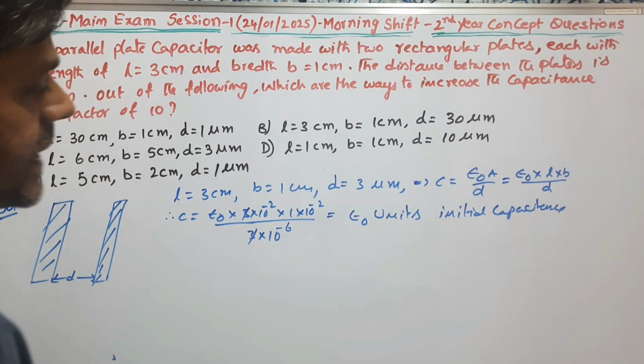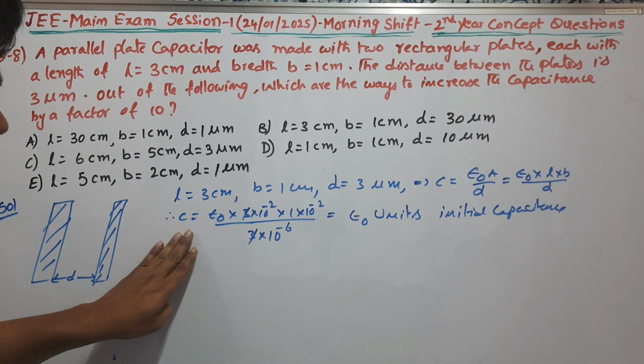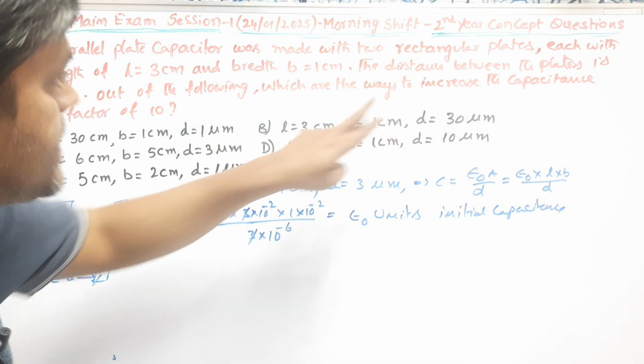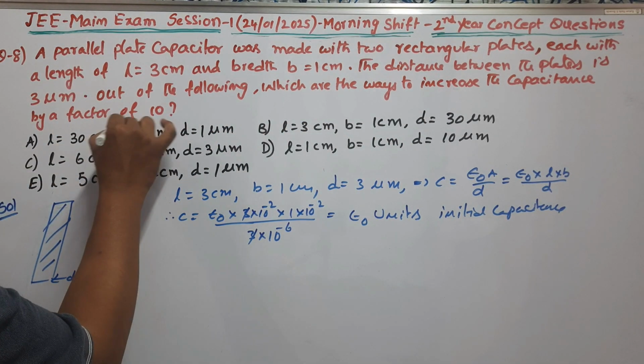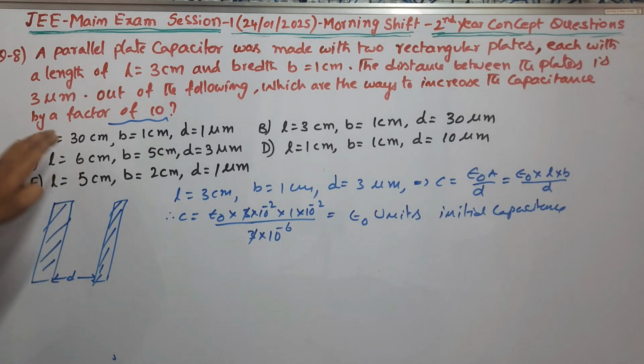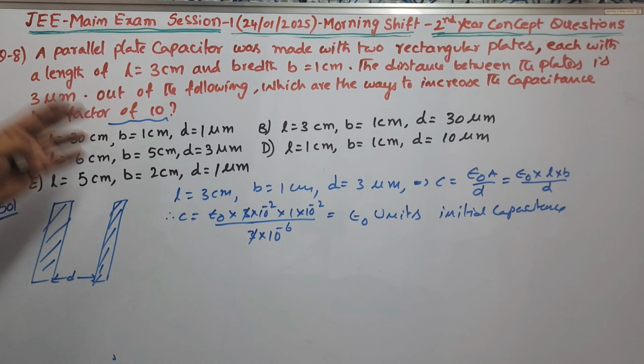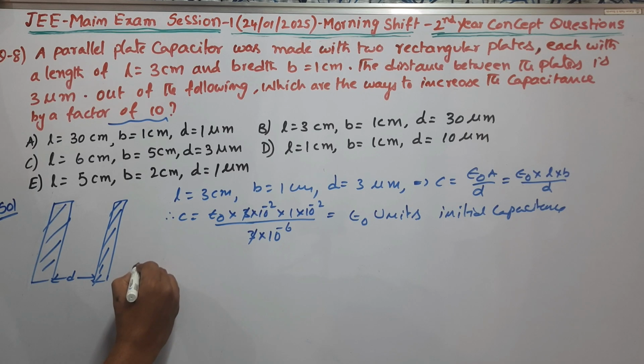Now you want to increase its capacitance by 10 times. Which are the ways to increase the capacitance by a factor of 10? Which of the given options can you choose? So option A, you can choose. According to option A, L is equal to 30 centimeter.